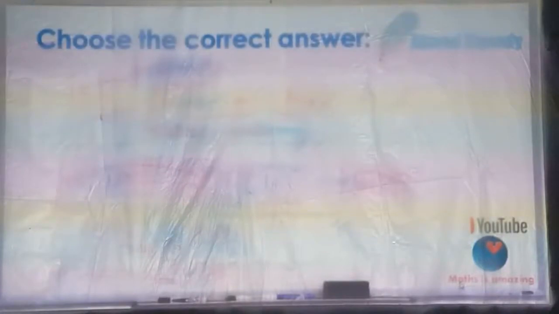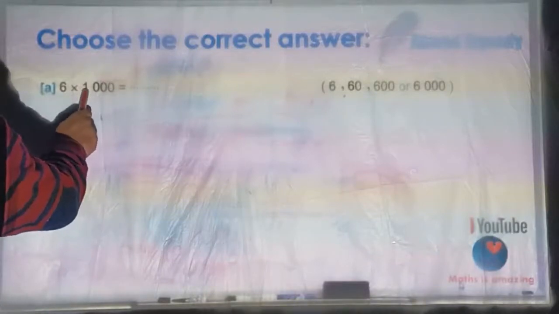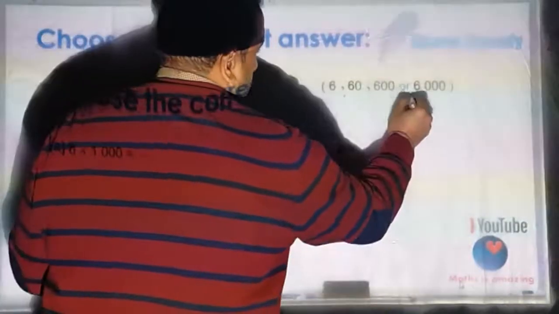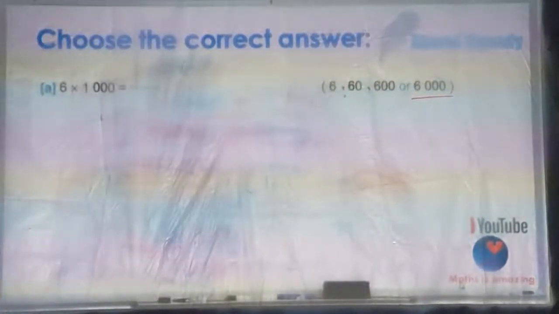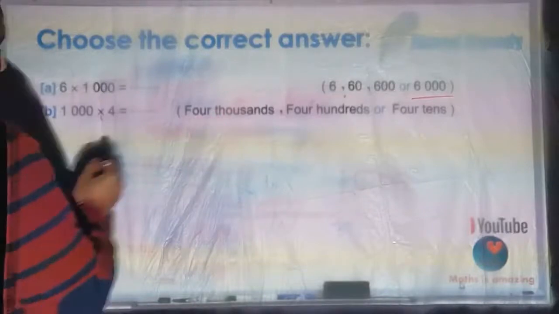Our question is about choosing the correct answer. 6 times 1000. 1, 2, 3 zeros, and this 6. 6 times 1000 is 6000. Next. 1000 times 4 is 4000. But now here we have 4000, 4 hundreds, and 4 tens. It must be 4000.